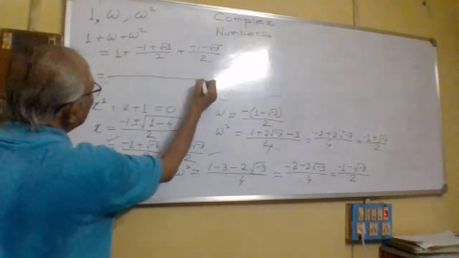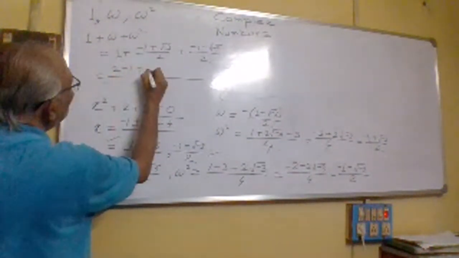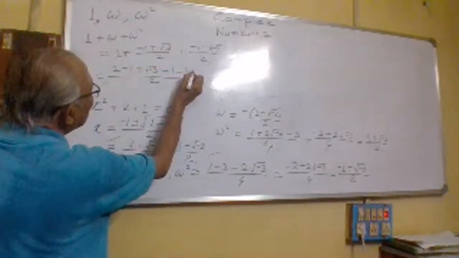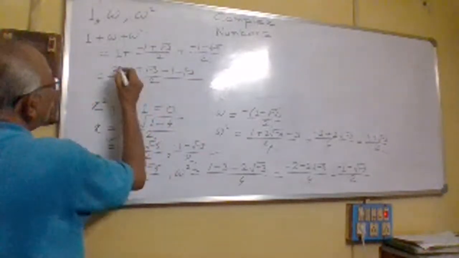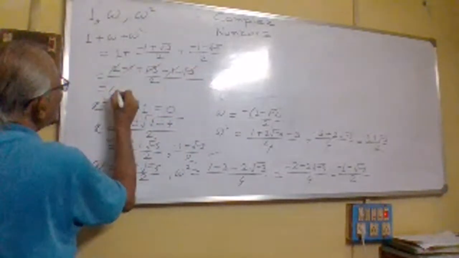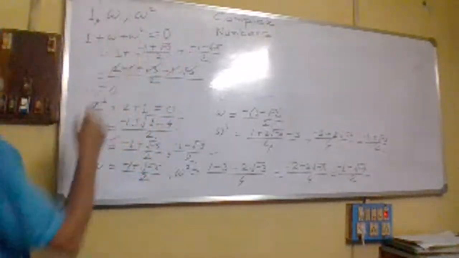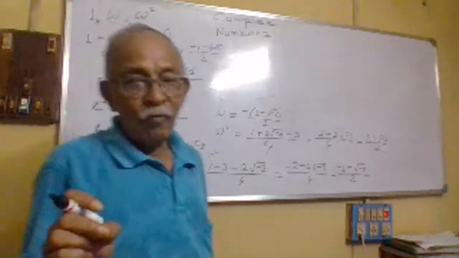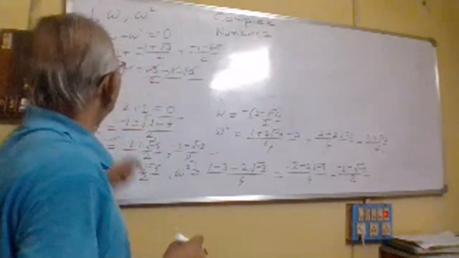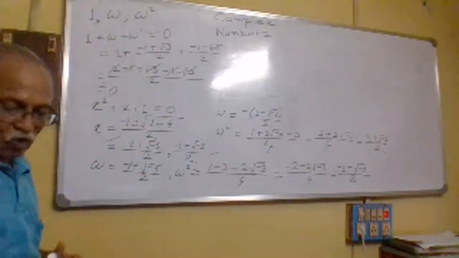This gives 2 minus 1 plus root of minus 3 minus 1 minus root of minus 3, so everything cancels and it equals 0. So what you have to remember is that 1 plus omega plus omega square equals 0. This property of the cube root of 1 you have to remember.